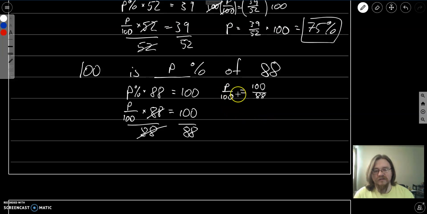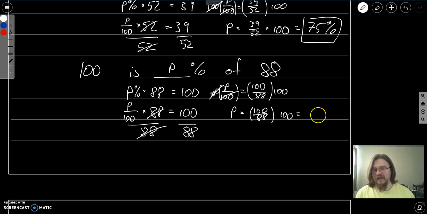And I don't want to divide by 100 here. I want to get rid of that. So the opposite of division is multiplication. So I'm going to multiply by 100. Whatever I do to one side, I have to do to the other. Multiplying, dividing, cancel out. So p is going to be 100 88ths times 100.